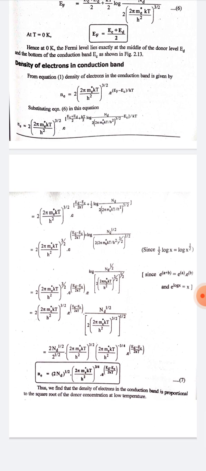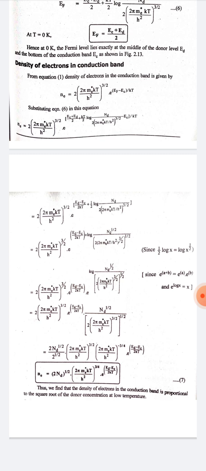From this equation, we can derive the density of electrons in conduction band. We know the density of electrons Ne is equal to 2 into (2 pi me star kT by h square) whole power 3 by 2 into exponential of (Ef minus Ec) by kT. From equation 6, we can take the value of Ef and substitute in this equation.